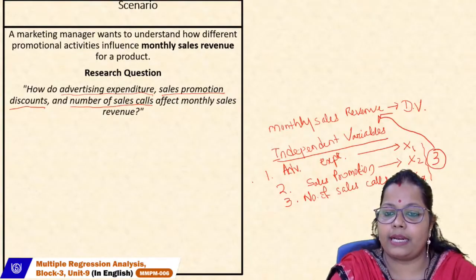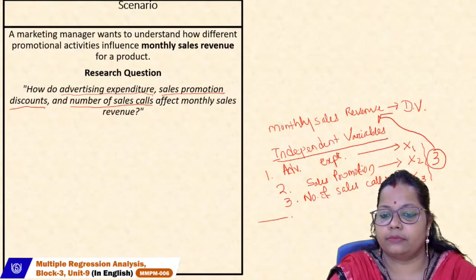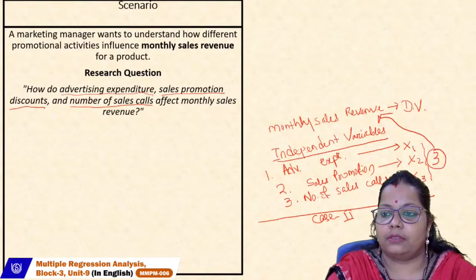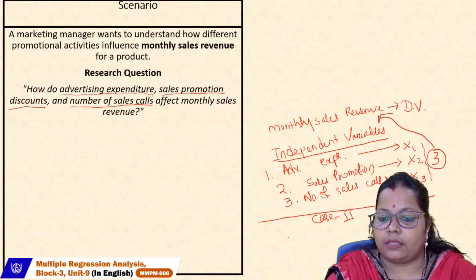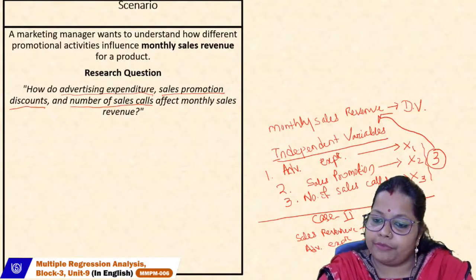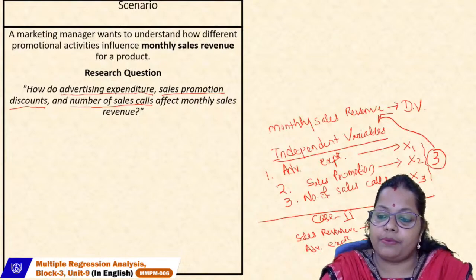If there is only one variable, sales revenue as the dependent variable, and suppose advertisement expenditure was the only independent variable, then we can say that it is a case of simple linear regression.